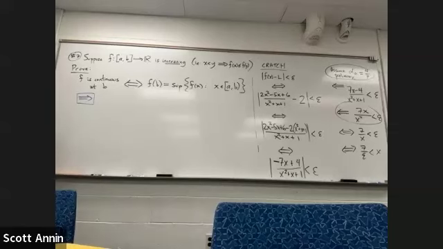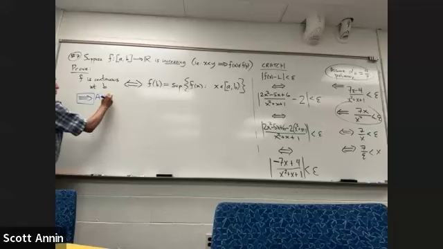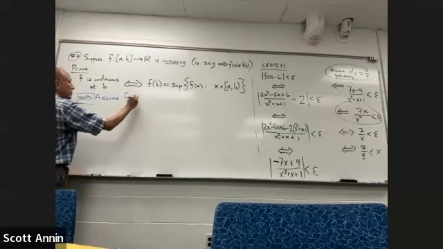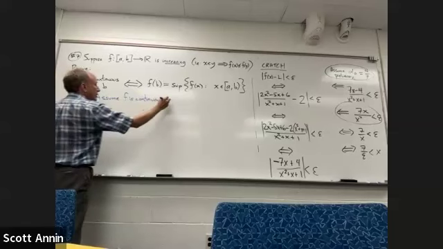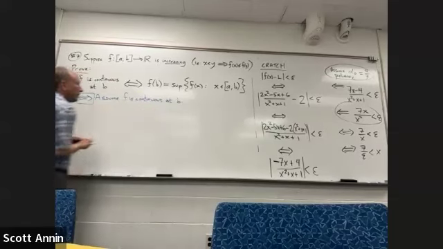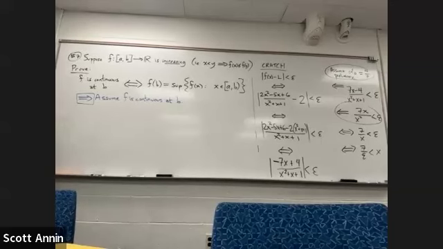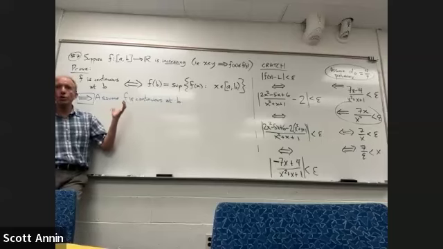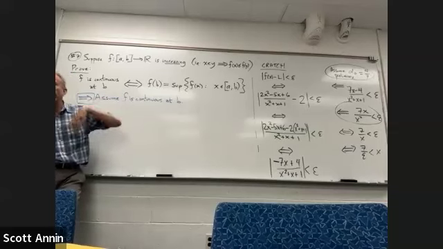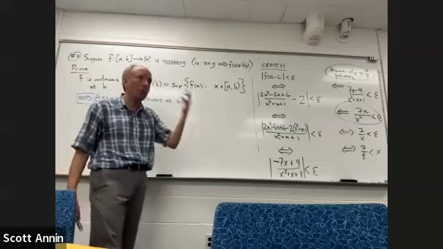So I'm going to start with the forward direction, and I'm going to assume that f is continuous at b. I won't write it all out again, but remember what that means: for all epsilon, there exists a delta such that blah, blah, blah.